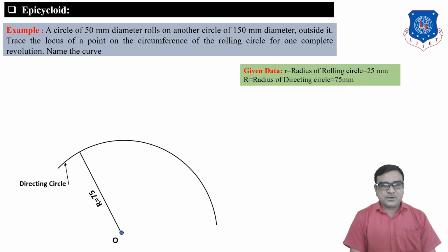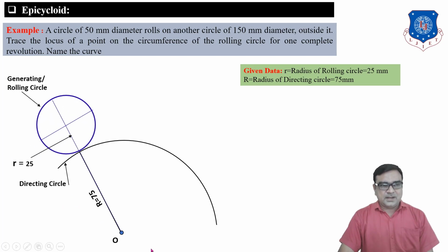So first of all you have to draw one full circle or segment of a circle which has a radius of 75 mm. This is known as the directing circle. Now put another circle which is known as the rolling circle.